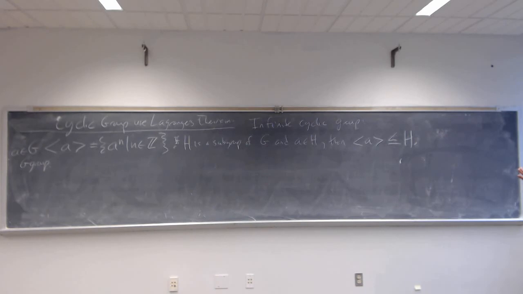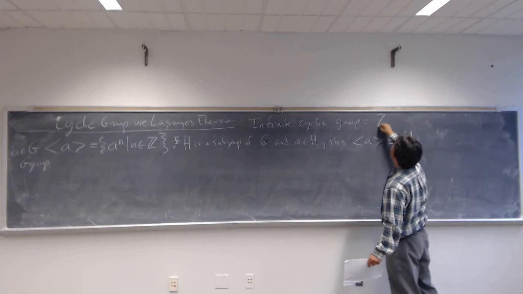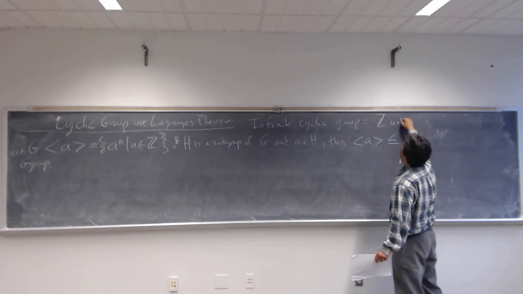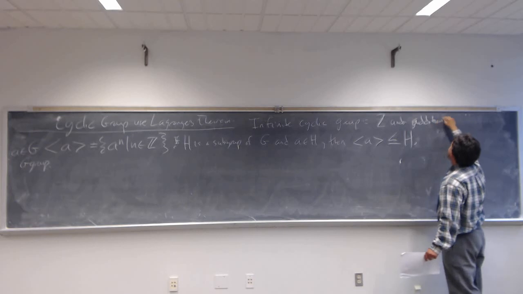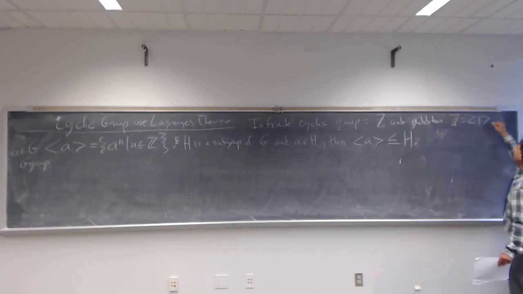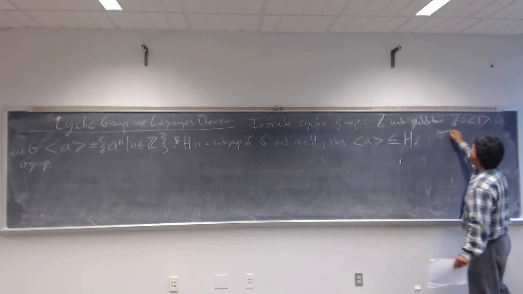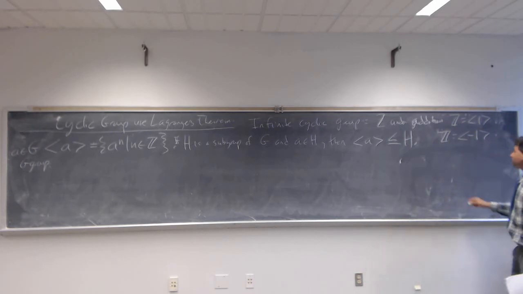We'll see what happens in the finite case, but in the infinite cyclic group case, it's basically like Z under addition, where Z could be the infinite subgroup generated by 1, or we could also generate it by negative 1.